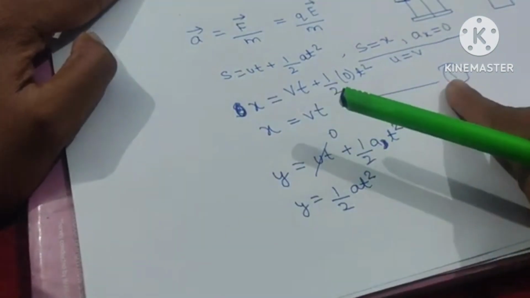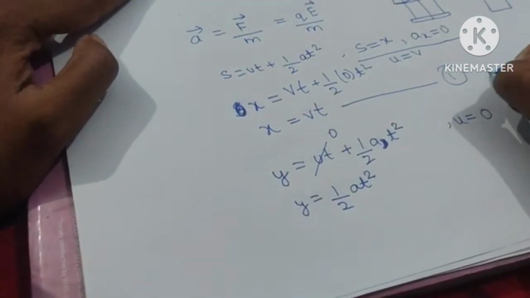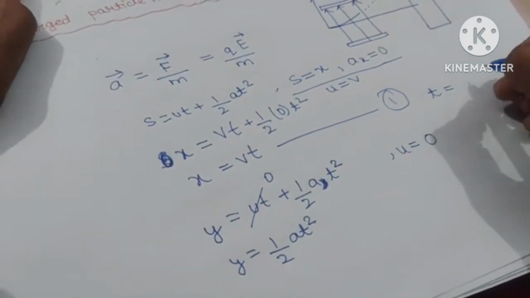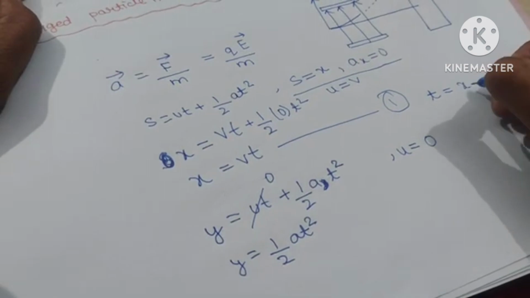Now from equation 1 we can say t is equal to x by v.